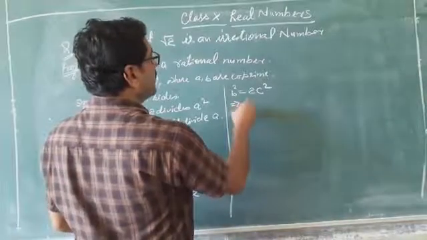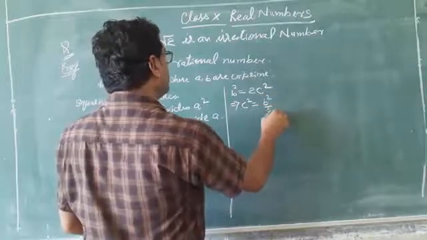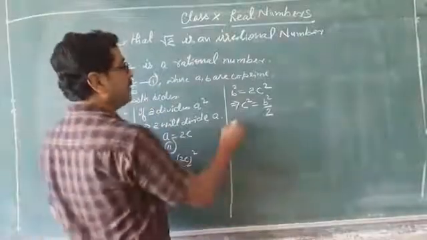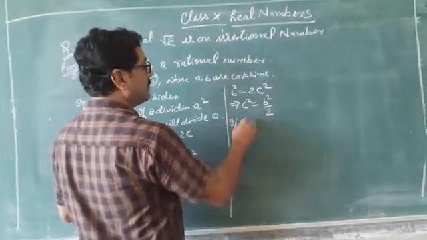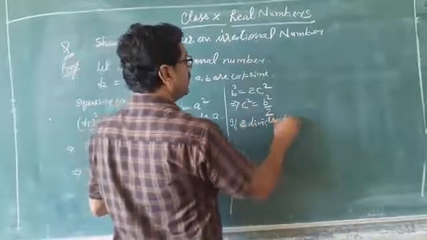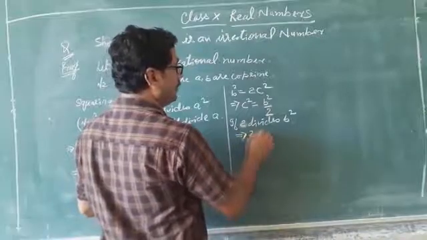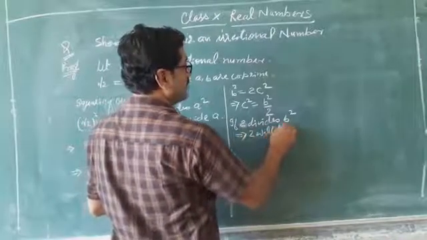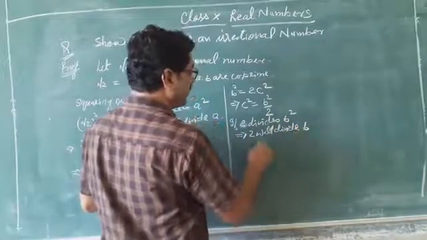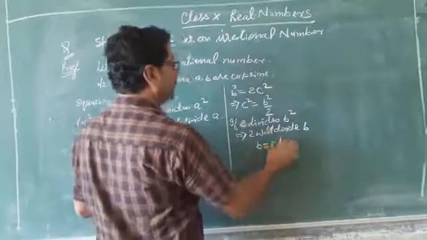This implies that c squared is equal to b squared by 2. Again, by this method, if 2 divides b squared, then 2 will divide b. It means we can write b is equal to twice d.